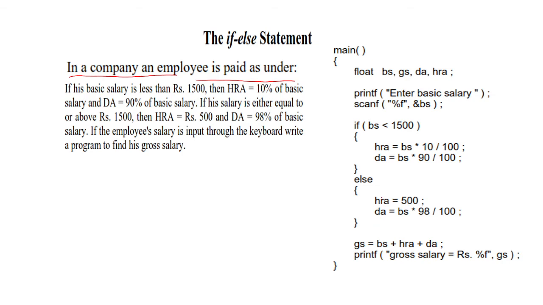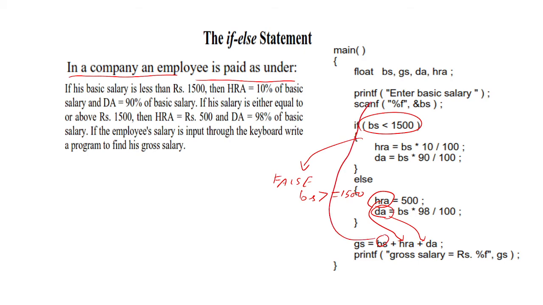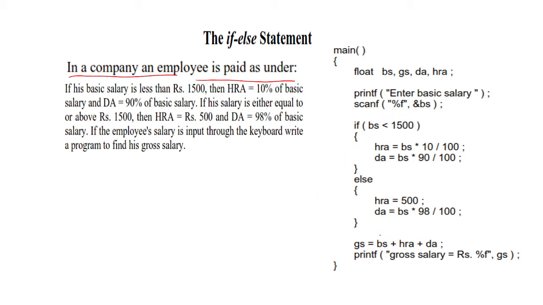And in the case of BS greater than or equal to 1500, this condition is false. So it will take the HRA from this, meaning HRA will be 500 in that case, and DA will be this, and basic salary will remain the same, which is entered through the keyboard.